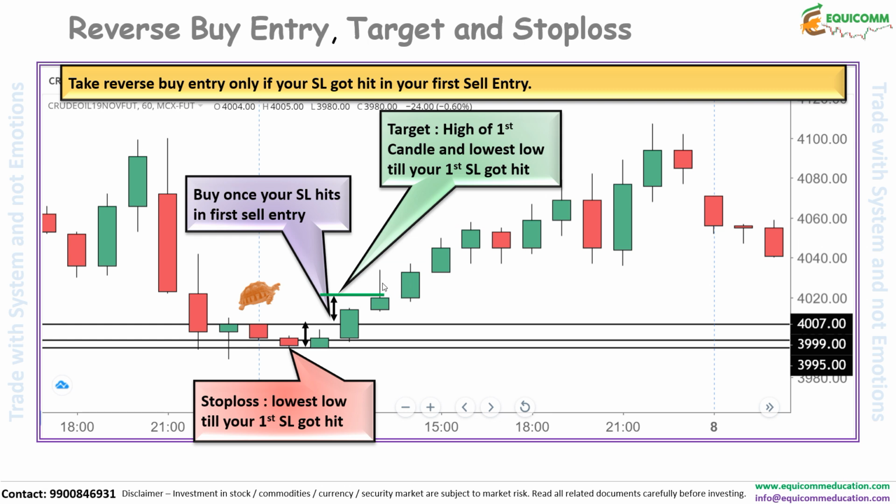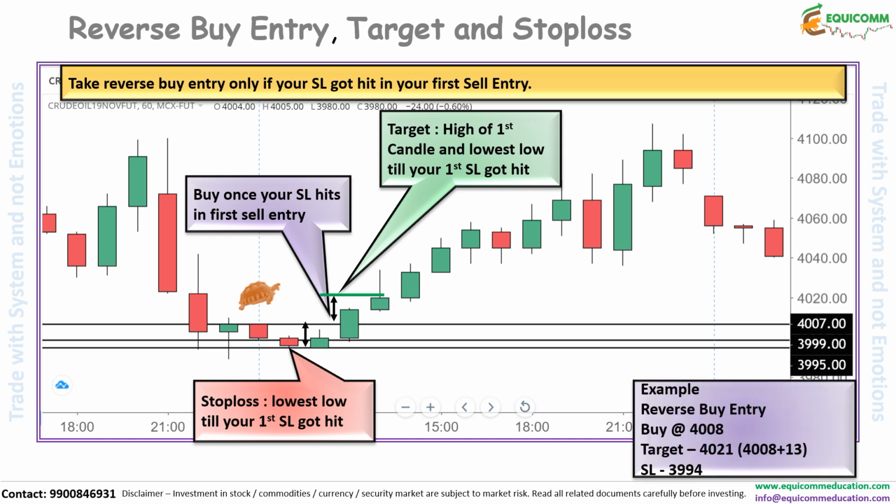I hope you have got clarity on what rate we bought the second entry, what our stop loss is, and what our target is. I have kept an example here too. Now see the reverse buy entry: buy at 4008, target is 4021, and your stop loss is 3994.